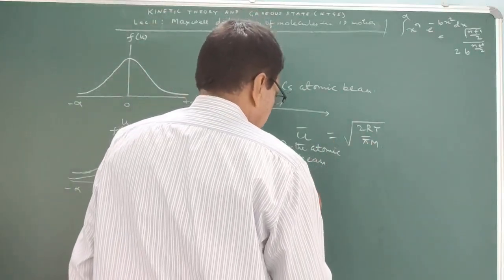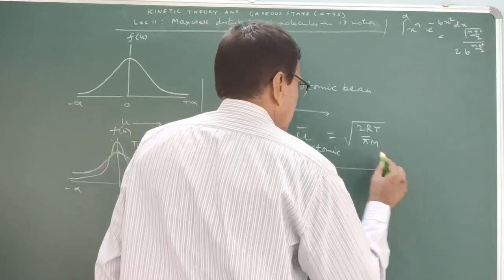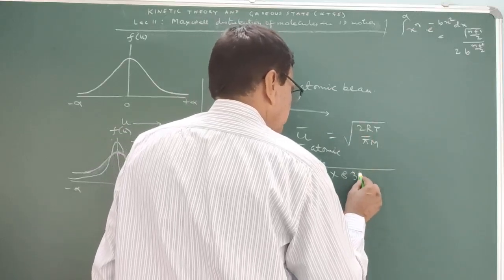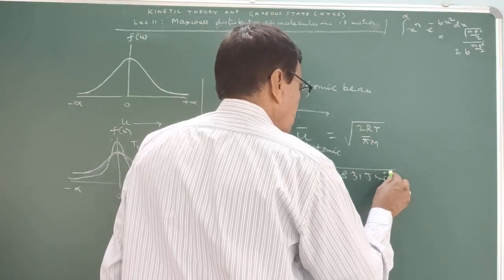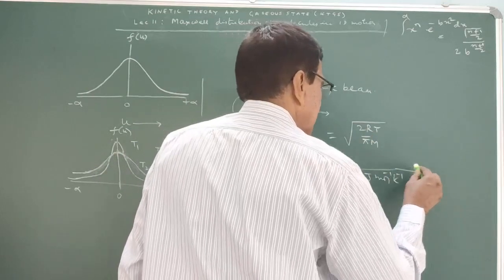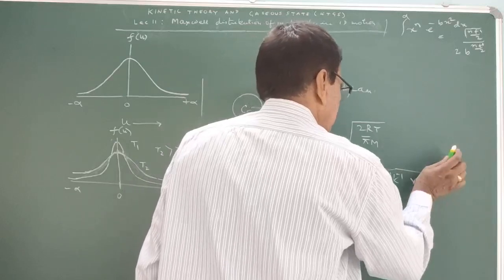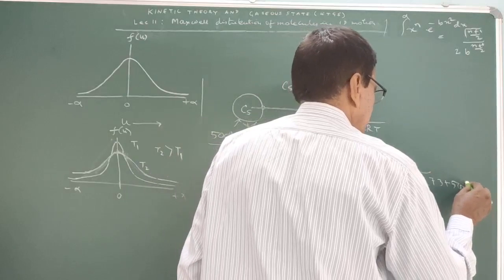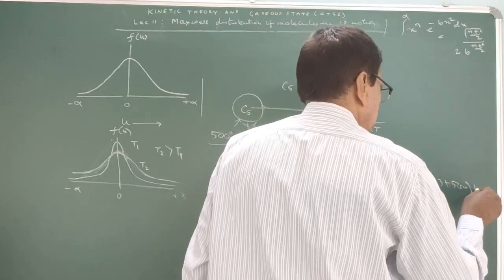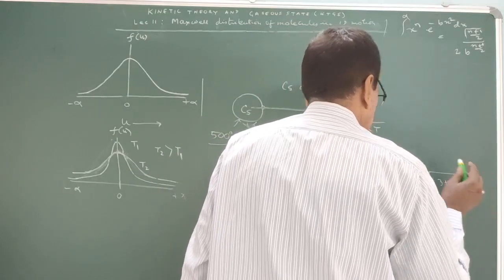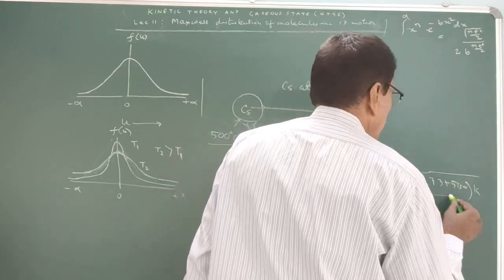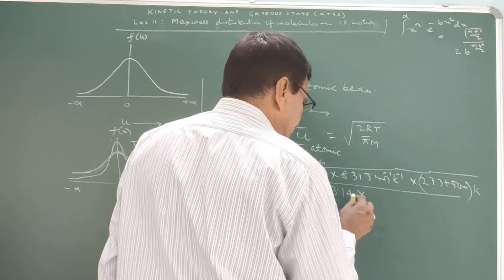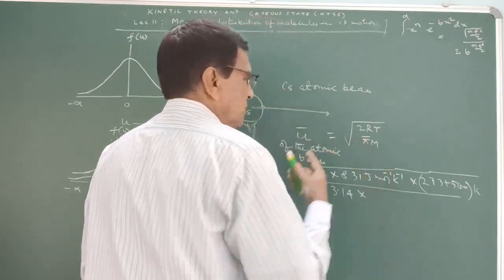So if you put here root over 2 into R equal to 8.31 joule mole inverse Kelvin inverse, and temperature is 273 plus 500 Kelvin, divided by pi equal to 3.14 into atomic mass.